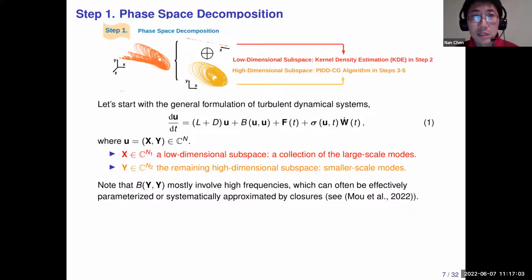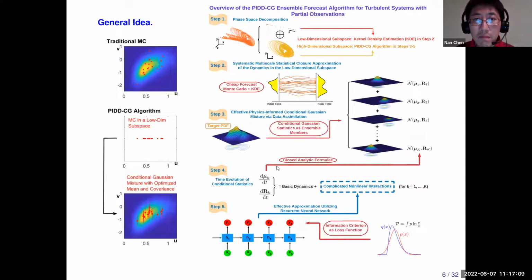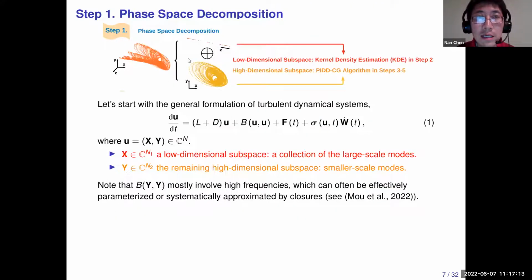So now I want to discuss more technical details about this method. Just following this general overview graph, I will divide this entire picture into 5 steps. First, the phase-space decomposition. So let's start with the general formulation of turbulent systems, at least in fluids.